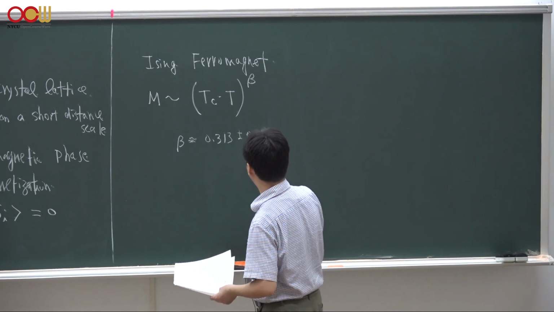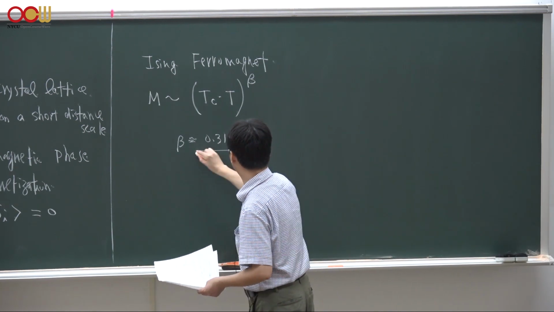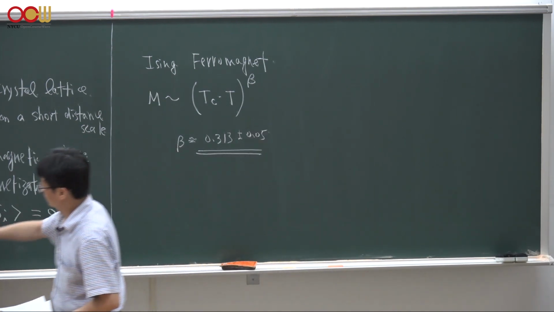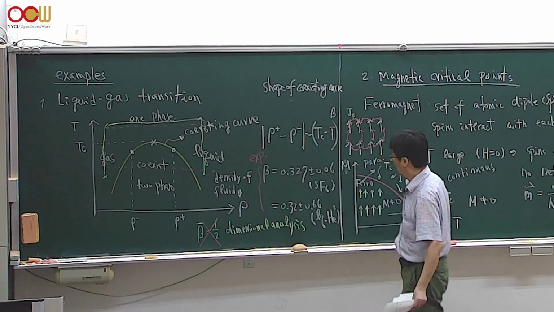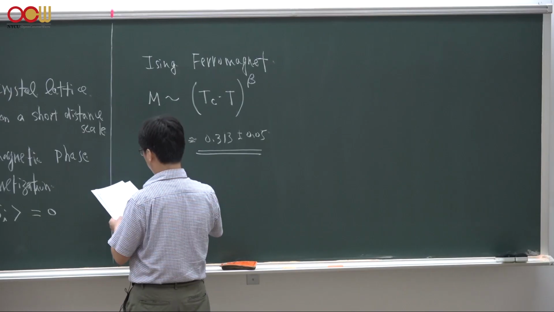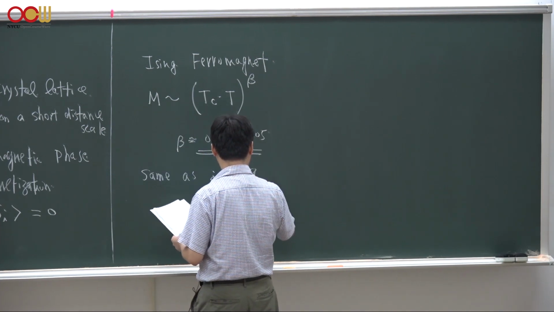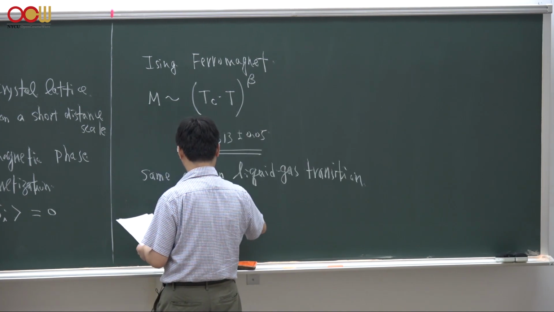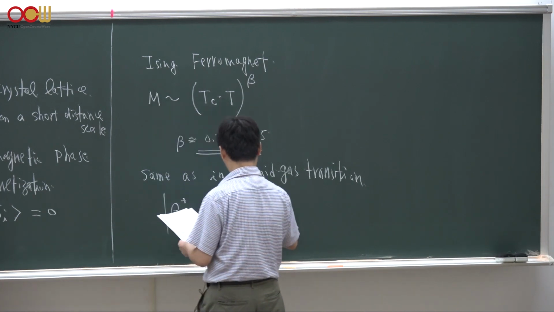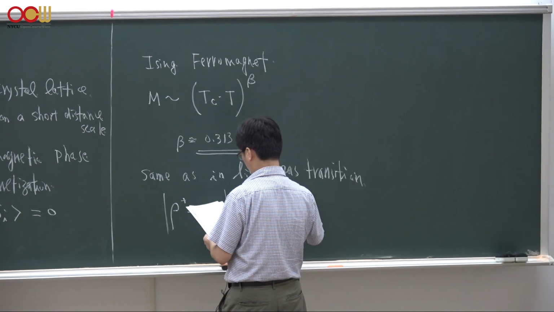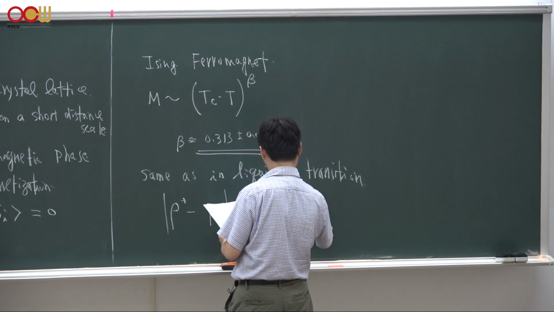You can see very clearly that this value of beta agrees almost exactly with the liquid gas transition. So this is the same as in the liquid gas transition, rho plus minus rho minus proportional to Tc minus T to the power of 0.32.